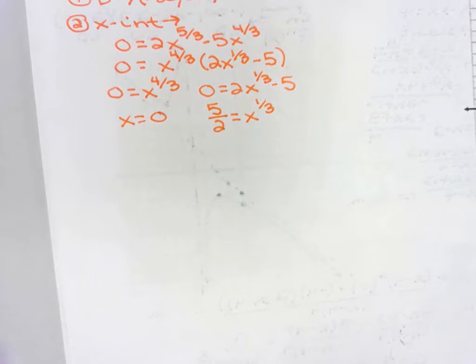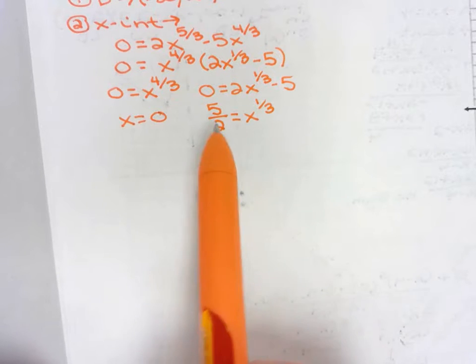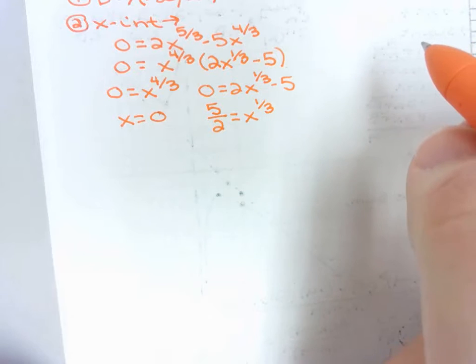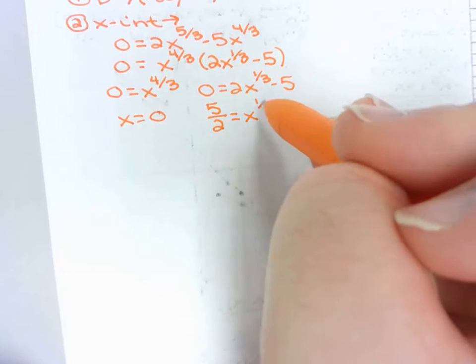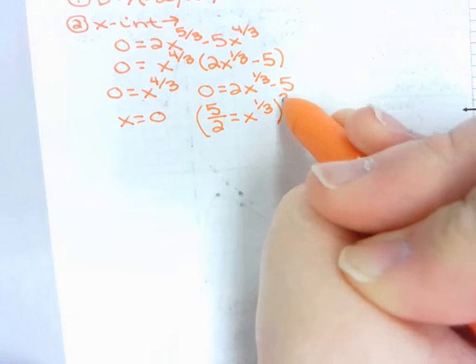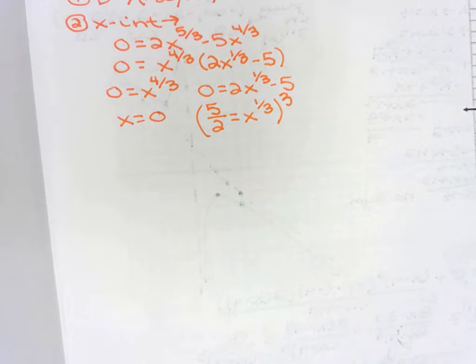It's a weird one. What do I do to solve for x? Yep, not cubed root, because it's already technically cubed root. I'm going to cube both sides, because if I cube it, that's going to cancel out the 1/3. Does that make sense?